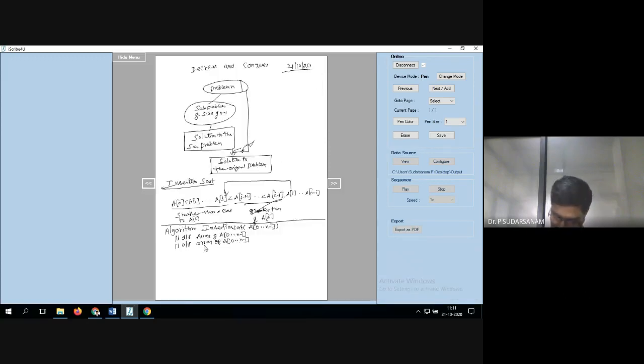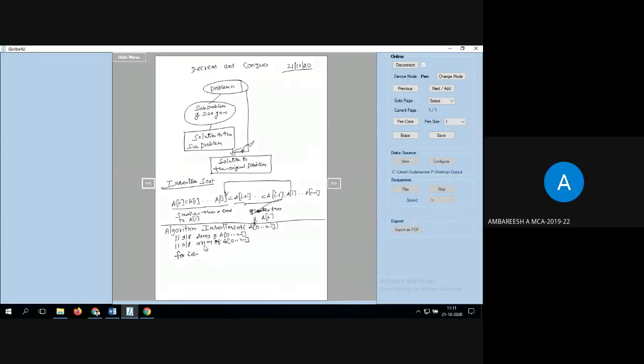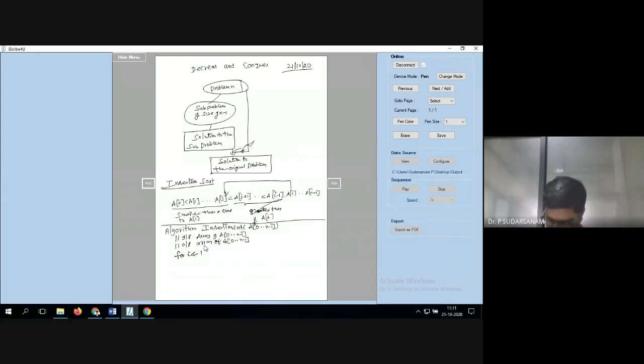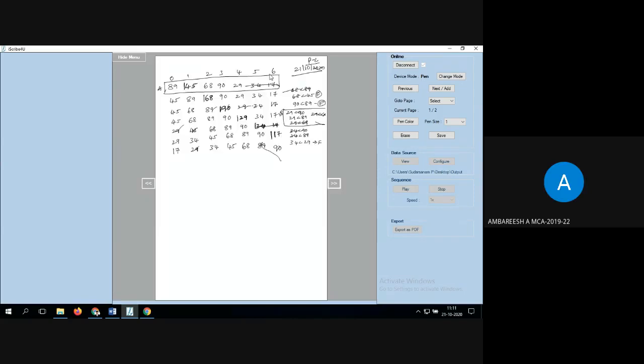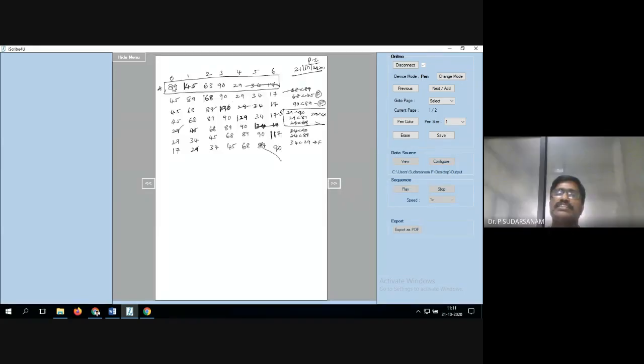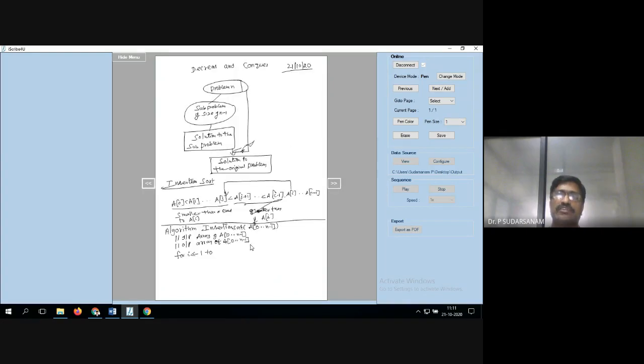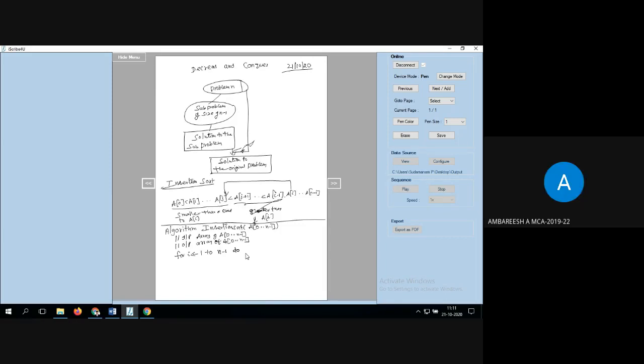For I is equal to, from where to start? First location, 1. Up to where? N minus 1, the last element. For example, if you have 7 elements, n minus 1. So for I is equal to 1 to n minus 1. Any doubt to write this statement? No, sir.